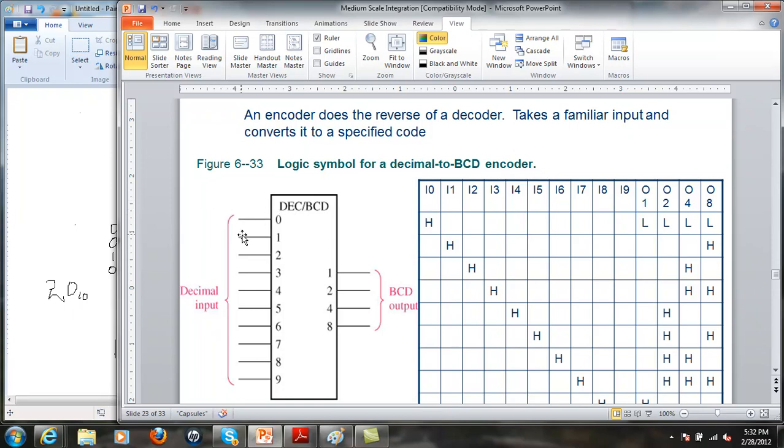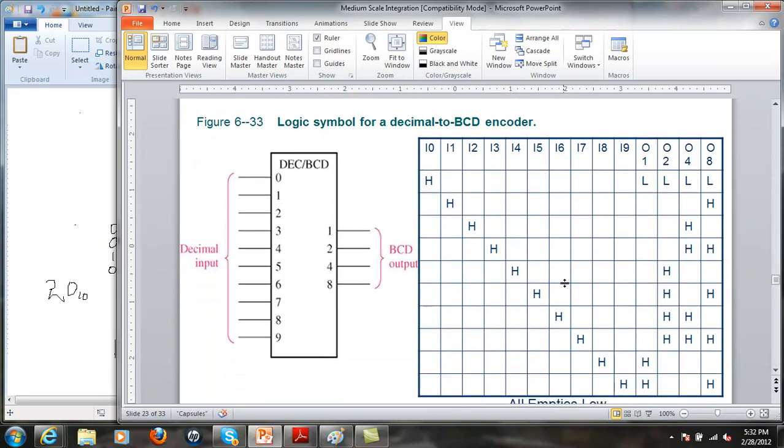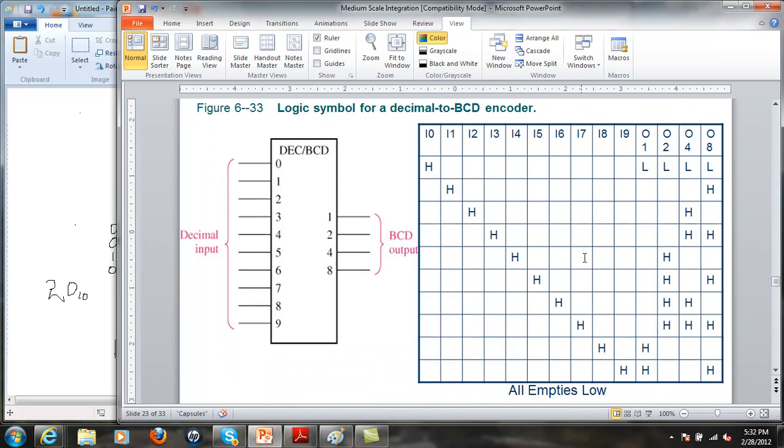Depending on which of my inputs is low, it will generate that binary coded decimal output. And if, for instance, this is active high, this is the truth table, so all the empties are low. So if this is high, these are all low.